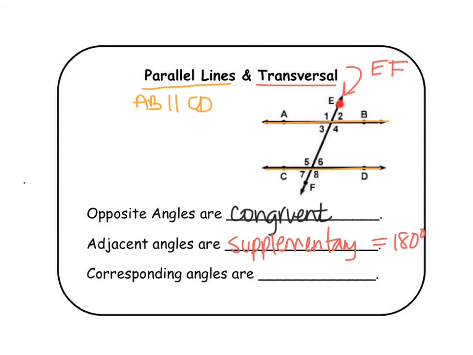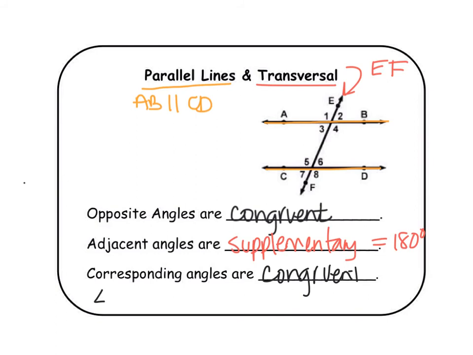Corresponding angles are angles that are in the same position, just in a different location. So angle 1 and angle 5 are corresponding, angle 2 and angle 6, angle 3 and angle 7, angle 4 and angle 8. They're just in the same position, but in a different location. They're in corresponding locations. And corresponding angles are also congruent.